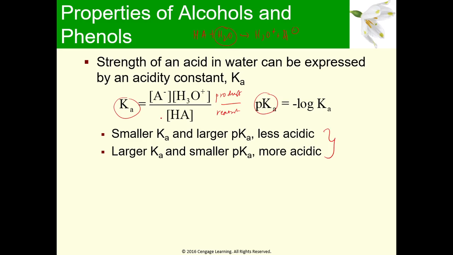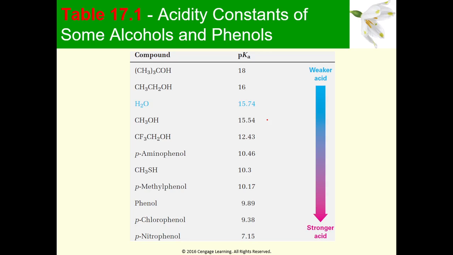Pag mataas pa rin yung concentration ng HA, bumababa yung Ka. So, pag pababa yung Ka, tataas ito sabi, smaller Ka, larger yung pKa. Kaya, less acidic. Okay? So, here are just some acidic constants of some alcohols and phenols.